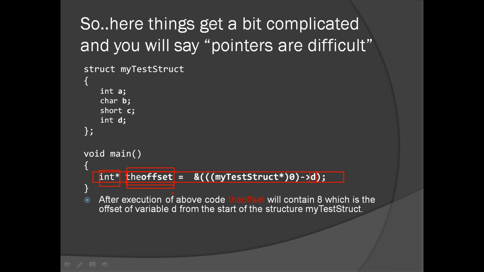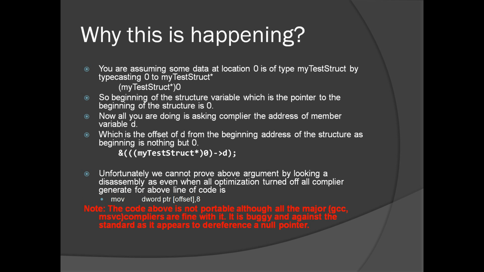Let's try to have a fake understanding of what is happening. So basically you are assuming some data is there at location 0 is of type myStruct by typecasting 0 to myStruct star. So basically you are typecasting a null pointer to a data type.